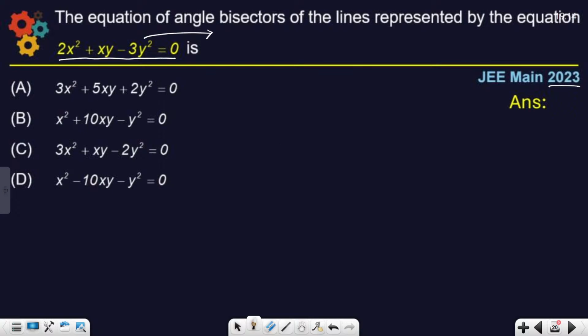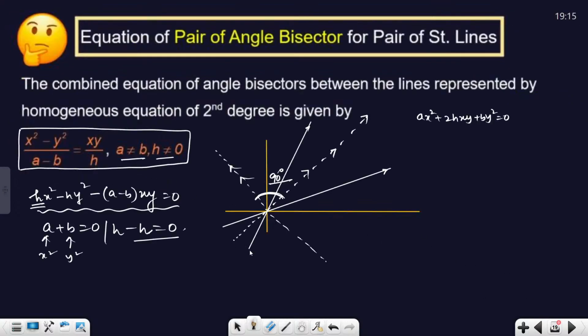You will get two separate equations of the straight lines passing through the origin. And then you have to find out what is the angle bisector of these two lines. And then you have to combine it again, which is a hectic thing. That is why I'm requesting all the students to please do remember this formula. X square minus y square by a minus b equals to xy by h. Please do remember this.